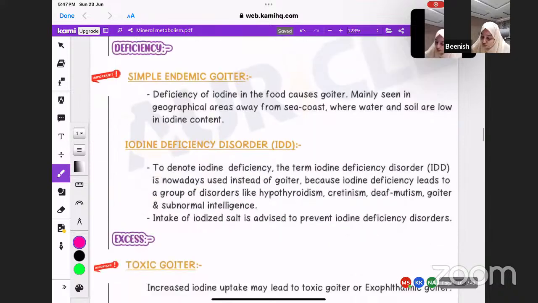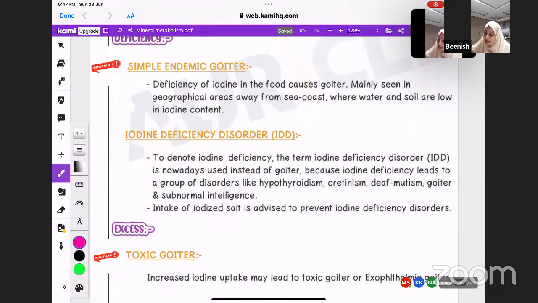Now talking about the deficiency, simple endemic goiter. In this, there is deficiency of iodine in the food, which causes goiter. Therefore, you must have seen advertisements of Tata salt, iodized salt. It is involved in thyroid hormones and the functions of thyroid hormone.